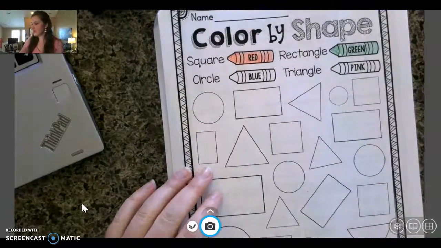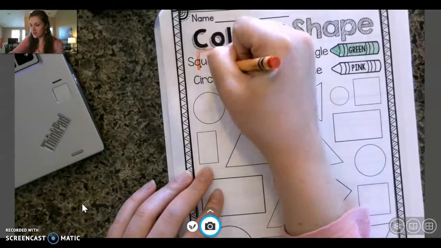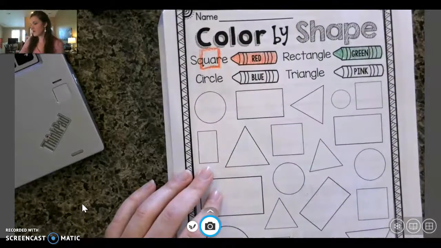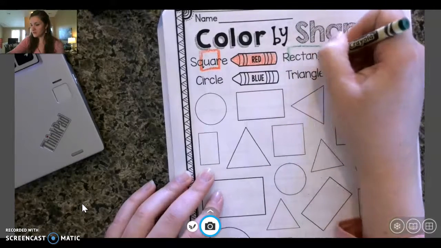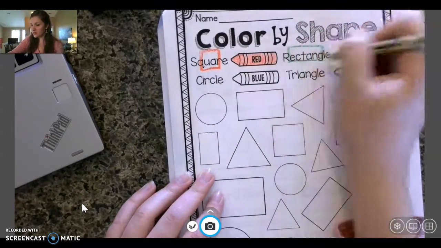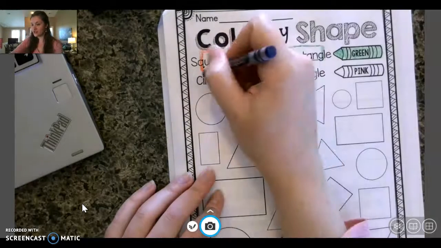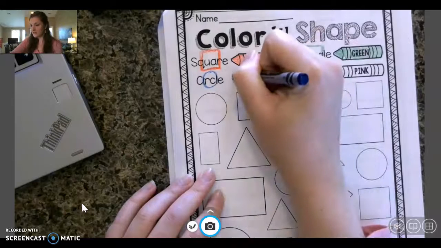And you know what? I'm actually going to put here too, just a reminder of what a square is. All four sides are the same. Okay, a rectangle can have some sides that are shorter. Okay, every time we see a circle, we are going to color it blue.